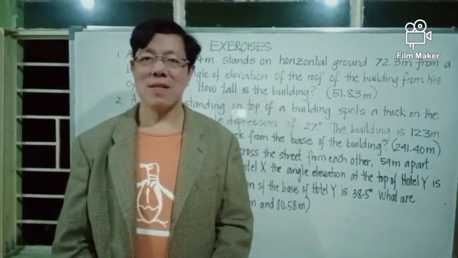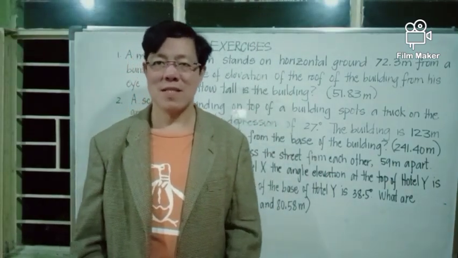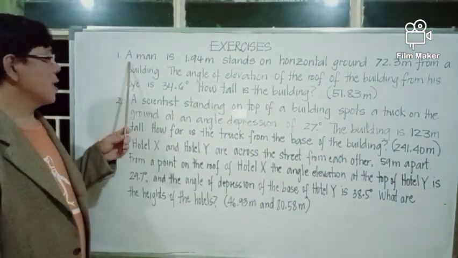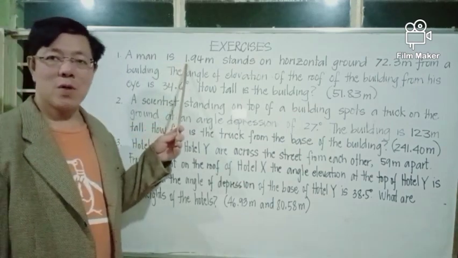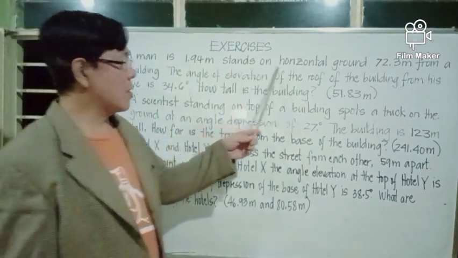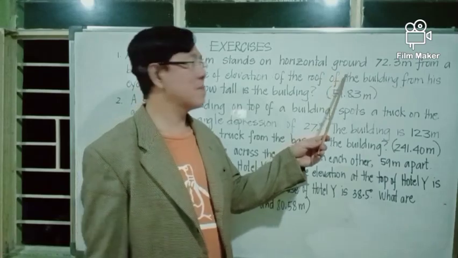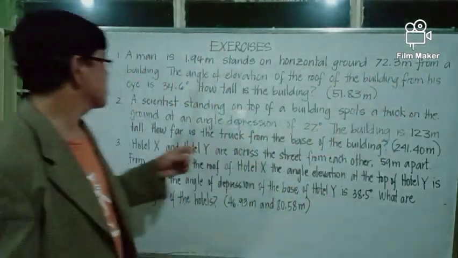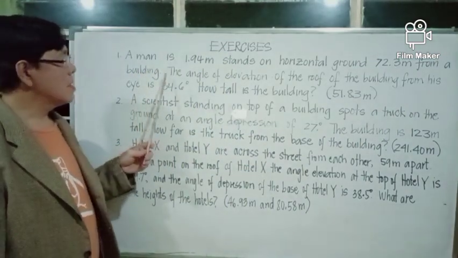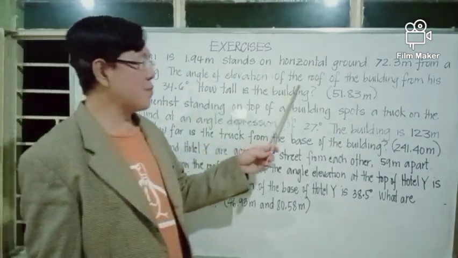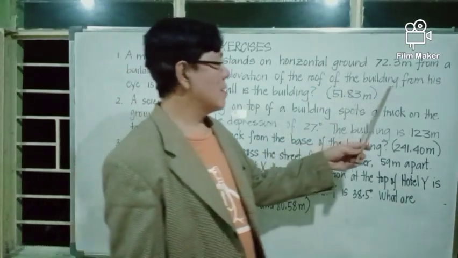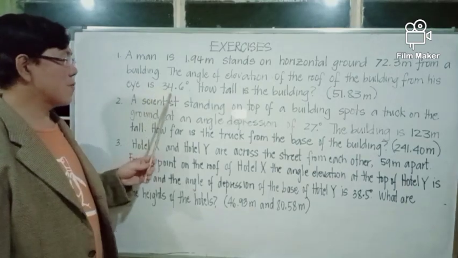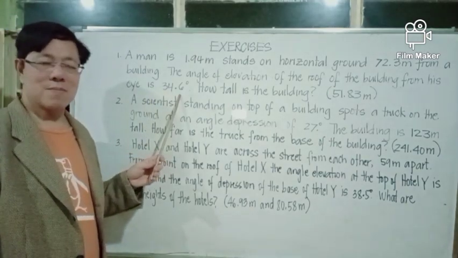For your practice, please do the following exercises. Number 1, a man is 1.94 meters. He stands on a horizontal ground, 72.3 meters from a building. The angle of elevation of the roof of the building from his eye is 34.6 degrees.